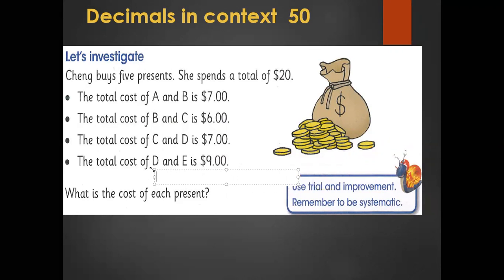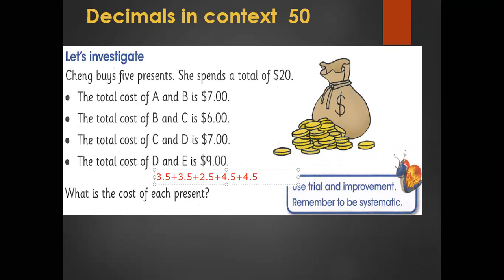Let's suppose A is 3.5, plus B is 3.5, plus C is 2.5, plus D is 4.5, plus E is 4.5.